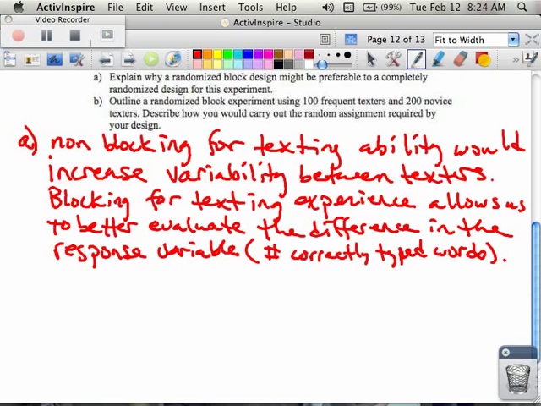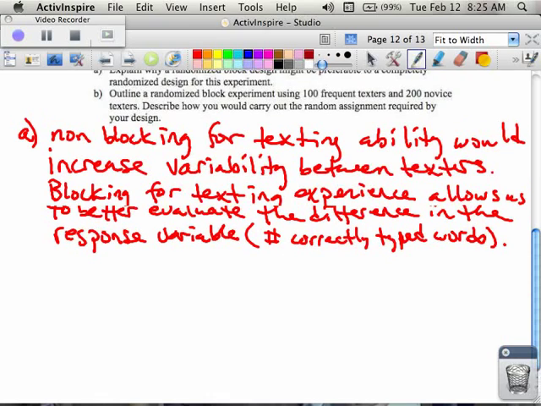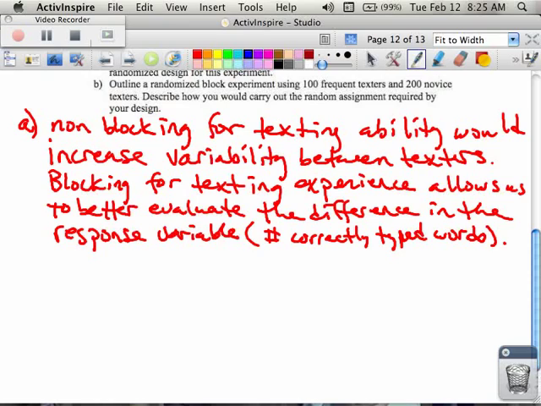In part B, if we draw our diagram and outline a randomization, we know that we start with 300 texters. And after we have these 300 texters, we block for the, what do they call it up above?